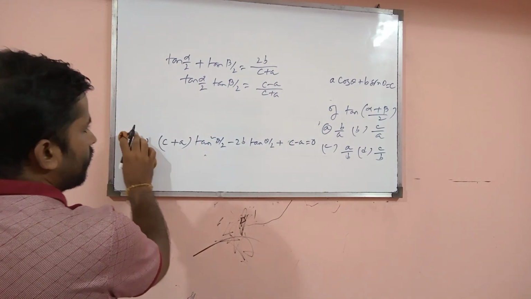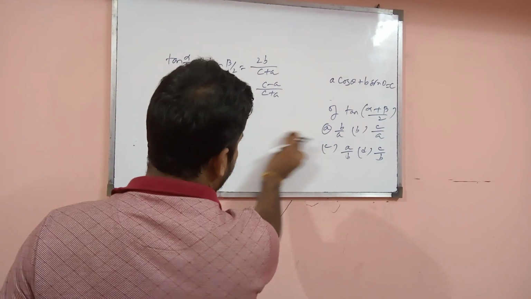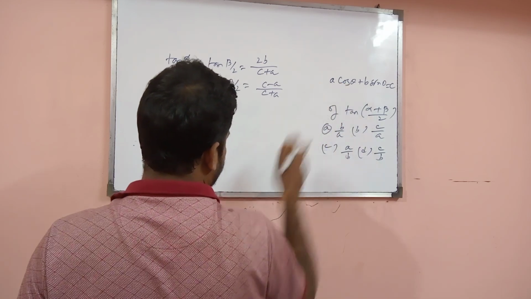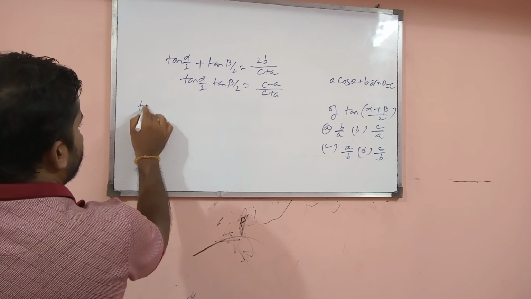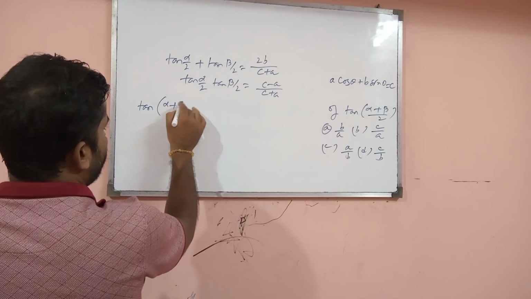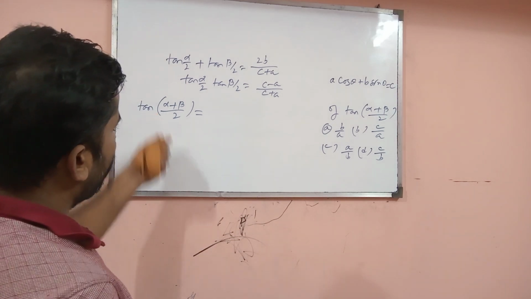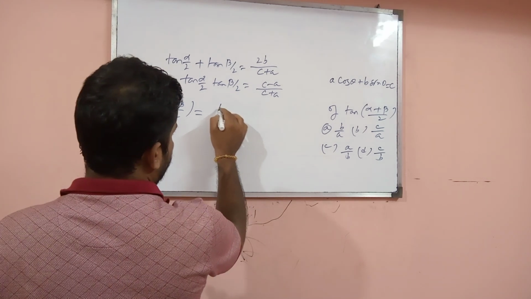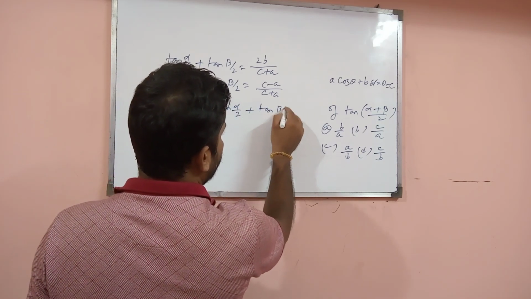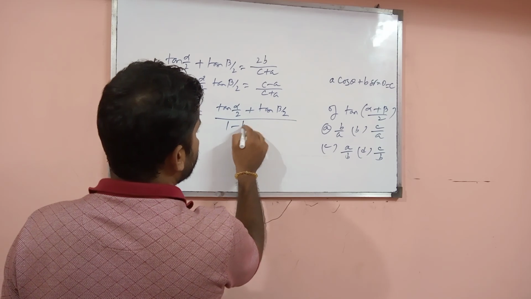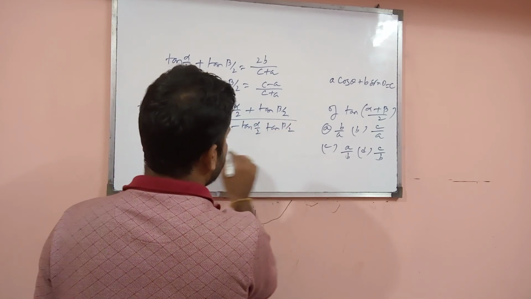Okay, now I am going to solve the exact question, that is tan (alpha plus beta) by 2. We can express this as (tan alpha by 2 plus tan beta by 2) by (1 minus tan alpha by 2 tan beta by 2).